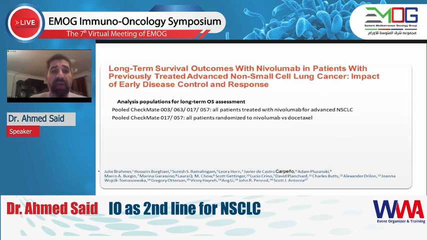So long-term survival outcome with nivolumab in patients with previously treated advanced non-small cell lung cancer and the improvement of early disease control and response. We have many pooled analyses: the pooled analysis of all patients treated with nivolumab for advanced non-small cell lung cancer in the 2nd line, and the pooled analysis of CheckMate 017 and 057 for all patients randomized to nivolumab versus docetaxel.